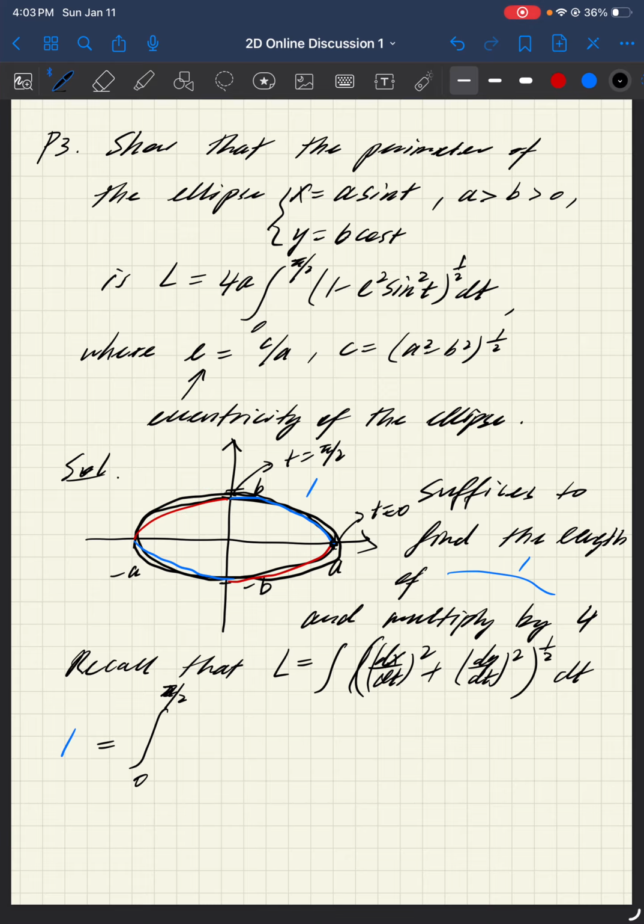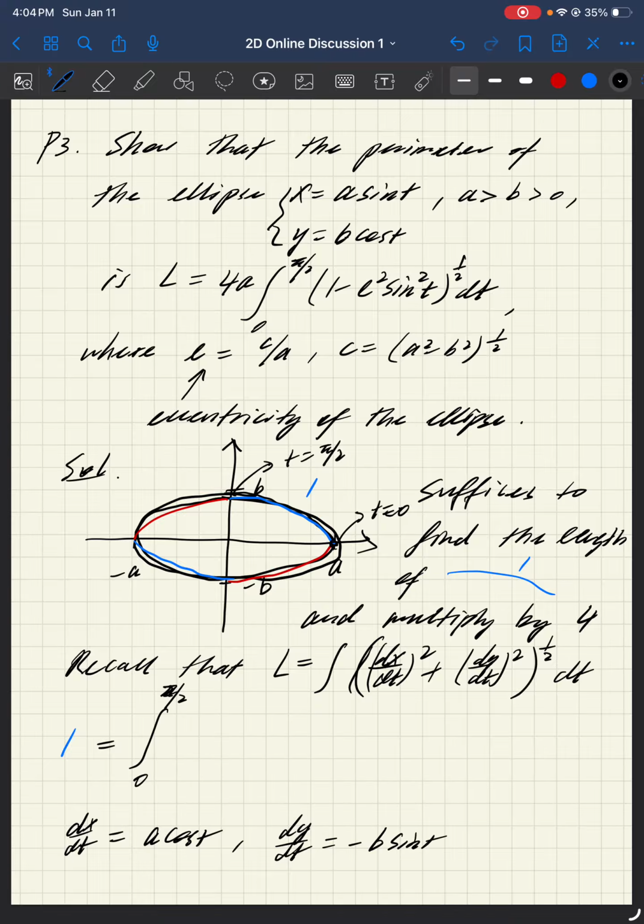So my blue part 1 is equal to the integral from 0 to pi over 2 of, what is dx/dt? It is a times cosine of t, because the derivative of a sine t is a cosine t, and dy/dt is negative b times sine t.